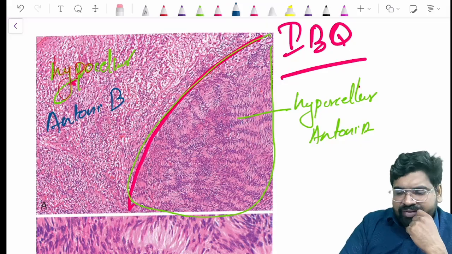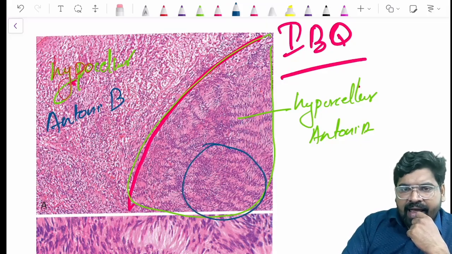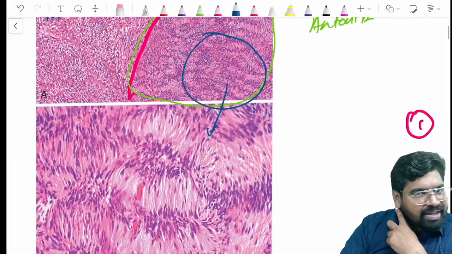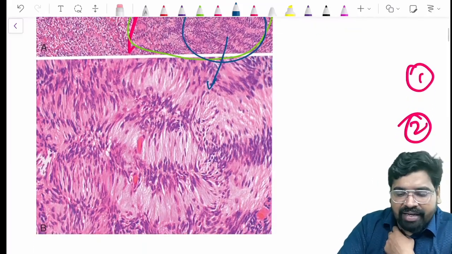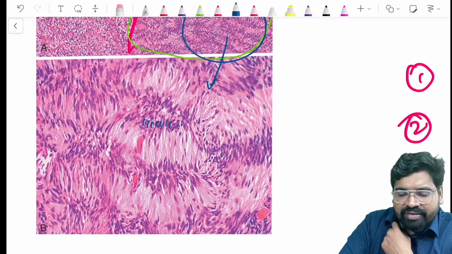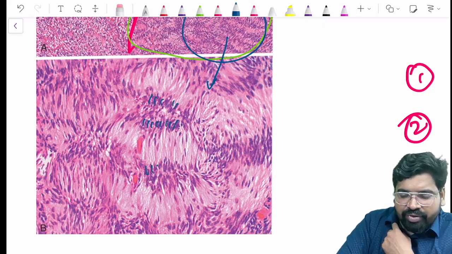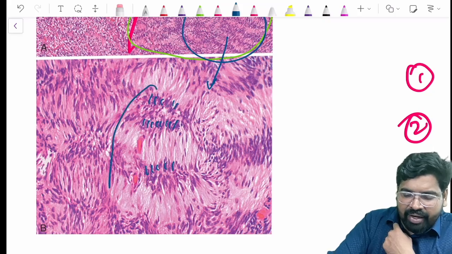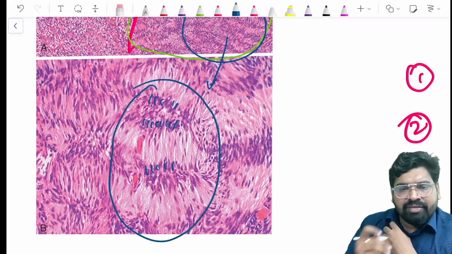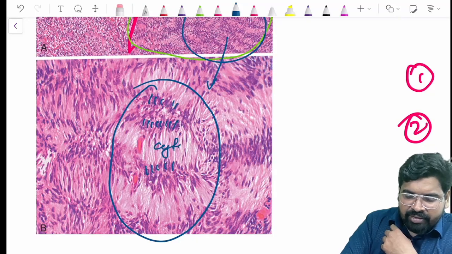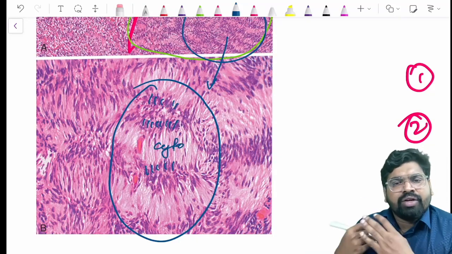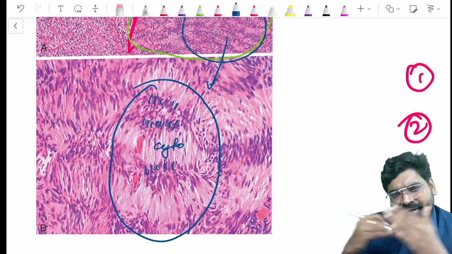Now if you take the Antoni A area and magnify it, you can see that these cells are arranged with the nuclei towards one side and the cytoplasm towards the other side. Can you see that appearance? The cytoplasm is here and the nuclei are towards both corners, in the same straight line.